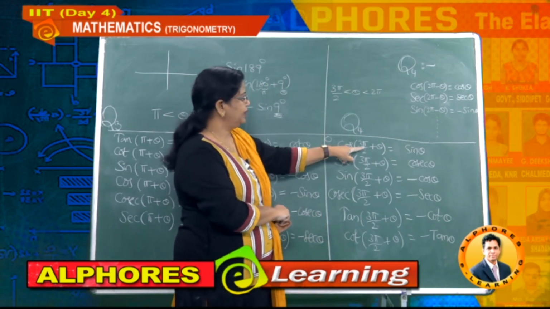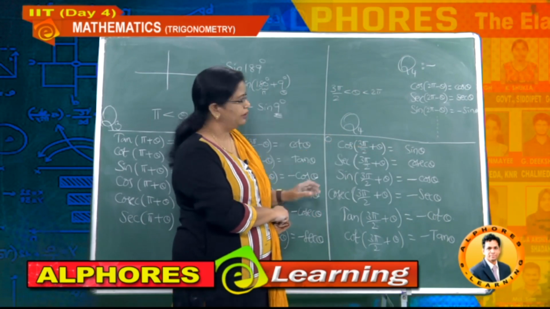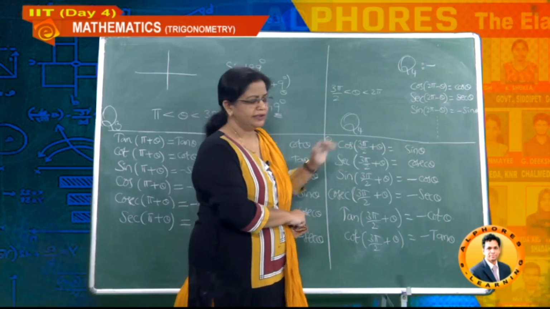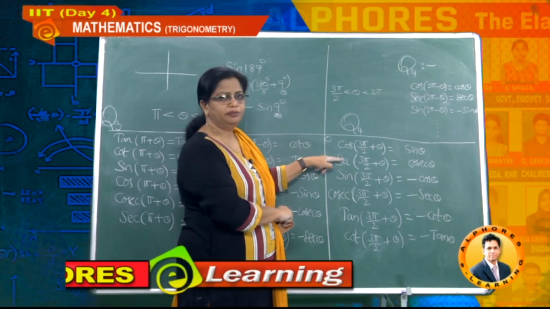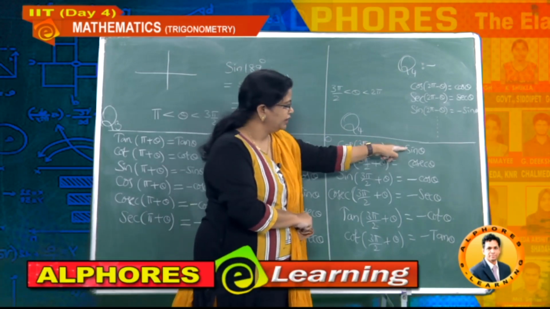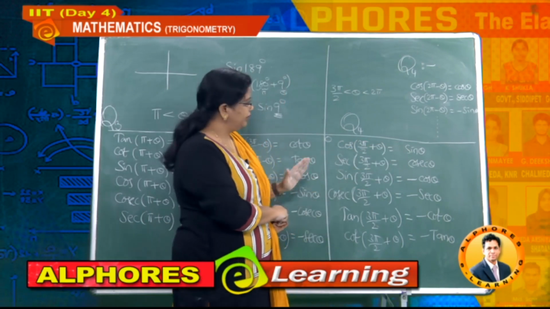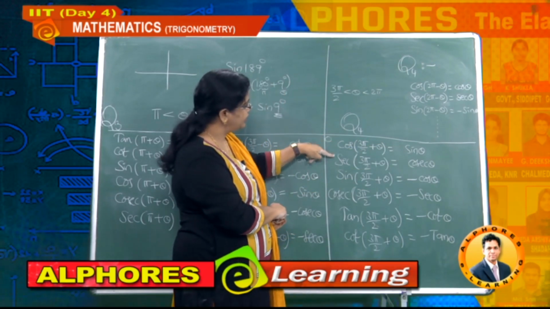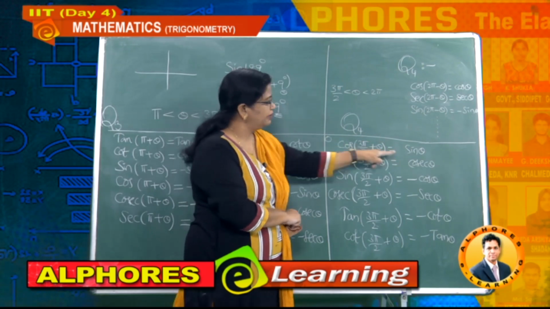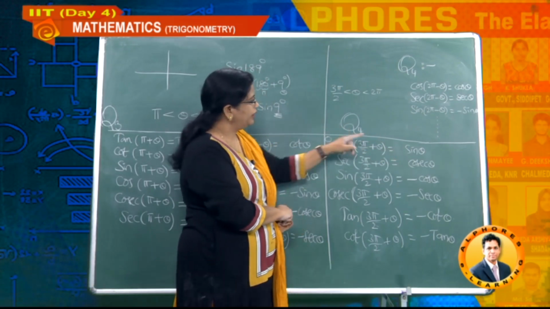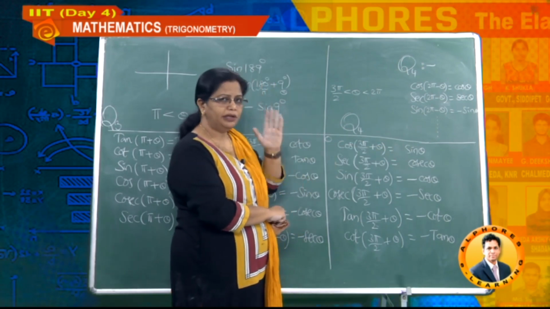So 270 is again an odd multiple of pi by 2, the function changes, and moreover cos and secant in the fourth quadrant are positive and all the others negative. Your concentration has to be on this side: cos of the value positive, secant of the value positive. You shouldn't observe it as sine negative, not in that way.